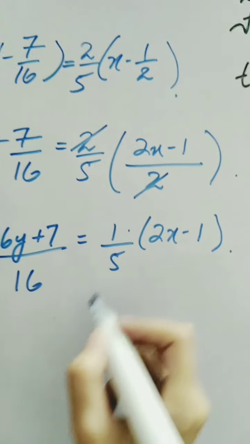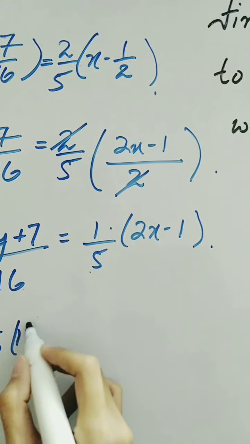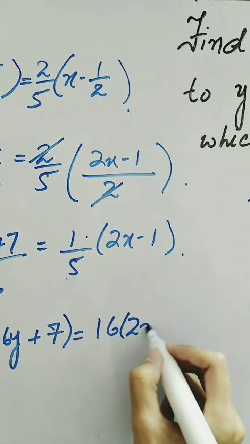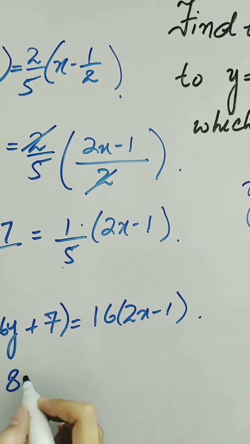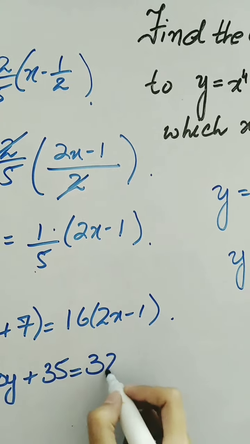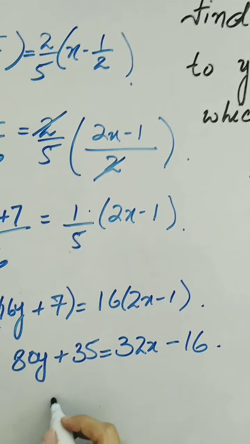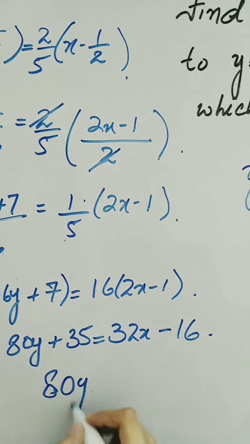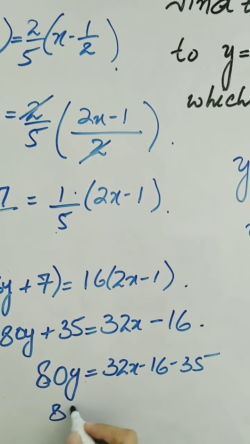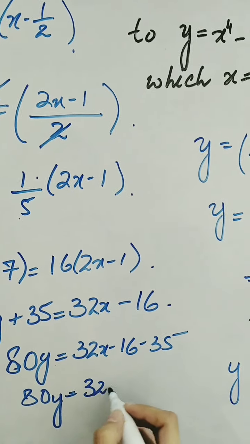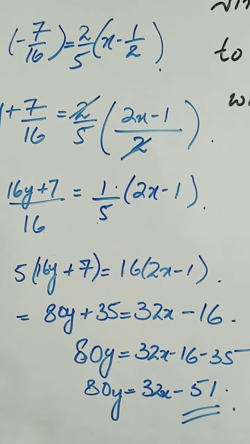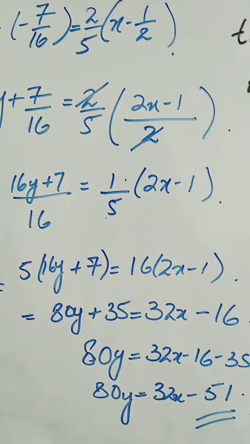We will take this 16 here and this 5 here, so we have 16y plus 7 equals 16 times 2x minus 1, or we have 80y plus 35 equals 32x minus 16, or we have 80y equals 32x minus 16 minus 35. 80y equals 32x minus 51. This is our equation which is required in the question.